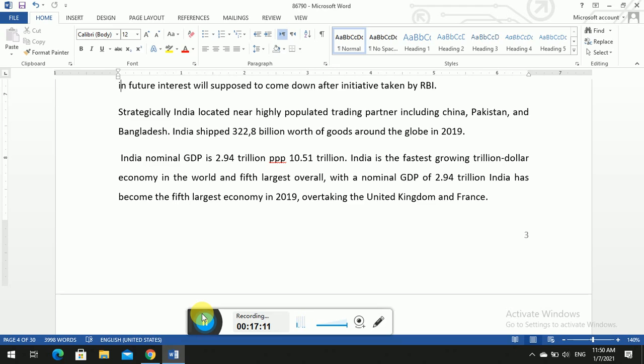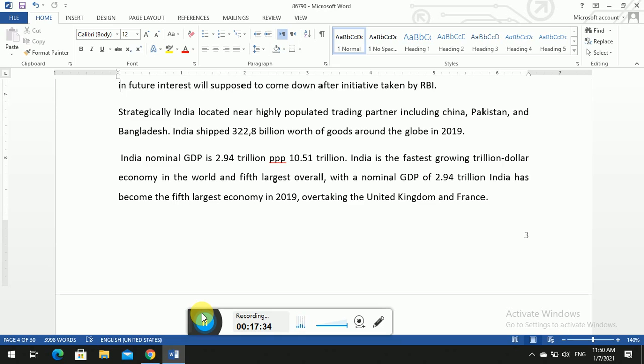With a nominal GDP of 2.94 trillion, India became the fifth largest economy in 2019, overtaking the United Kingdom and France. So in 2019 they overtook the United Kingdom and France to become the fifth largest economy in the world. Now their target is to be the third.